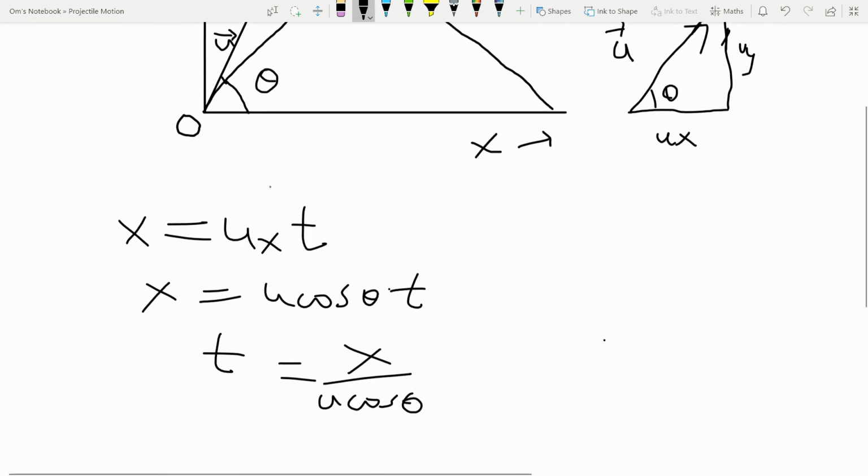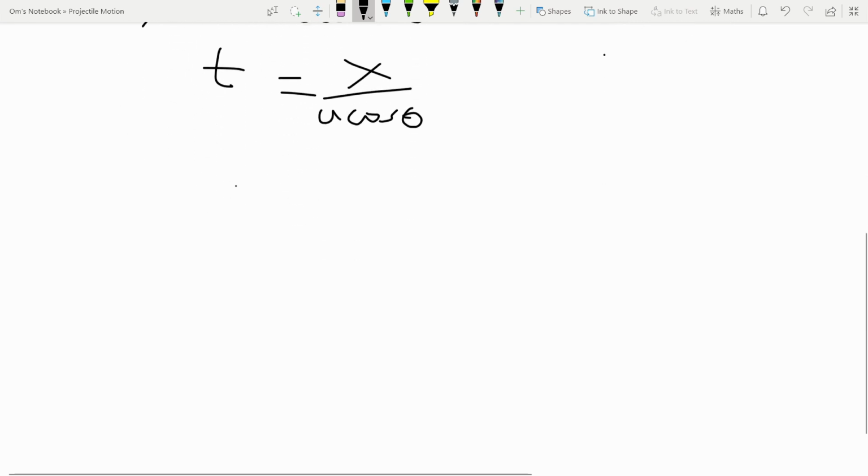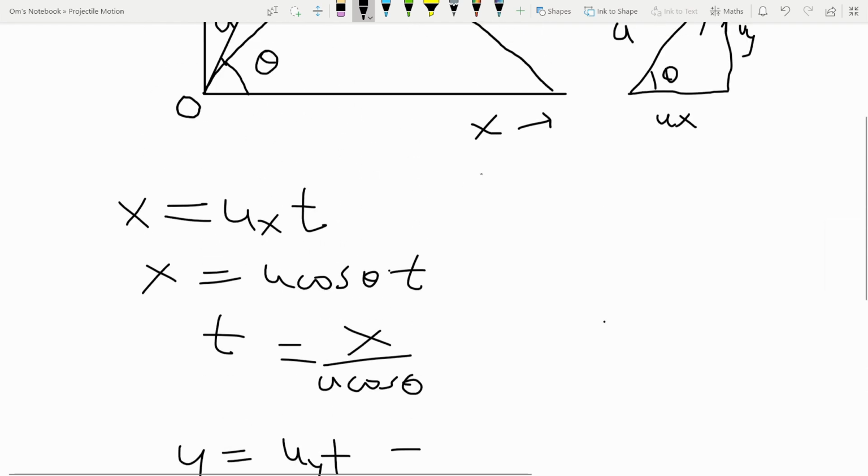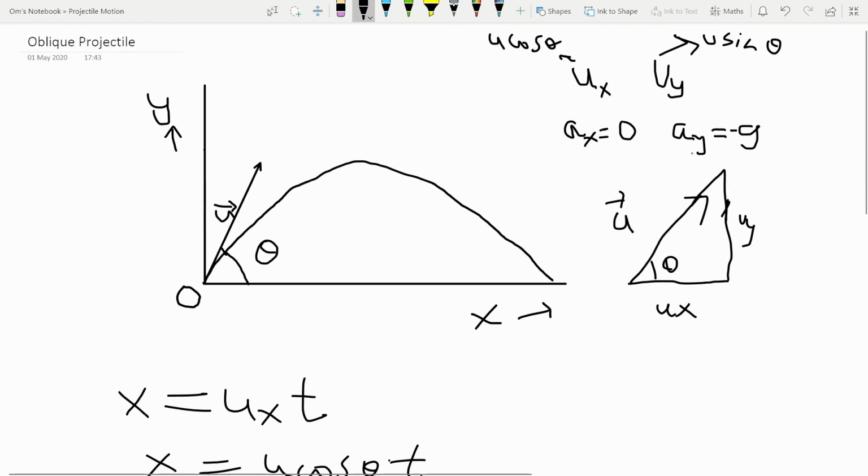Alright, so keeping this in mind, we'll actually move on to the vertical direction, and since the vertical direction has accelerated motion, we're going to have to use our equations of motion. So we can write y is equal to uy into t minus at square by 2, but a in this case is actually equal to minus g. I mean, it's plus at square by 2, so since a is equal to minus g, or you can mention it over here.